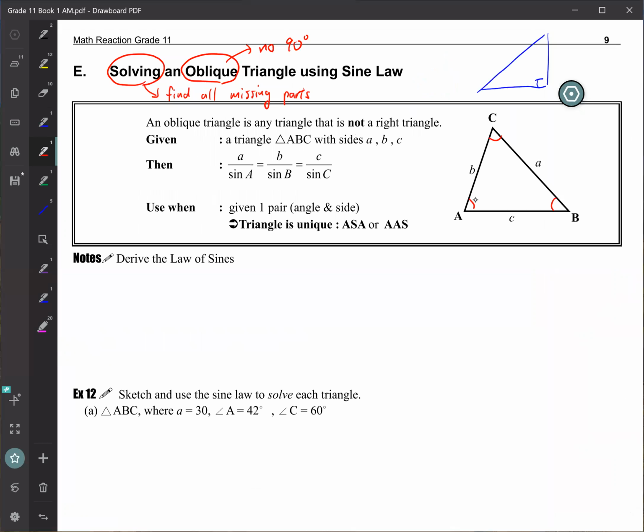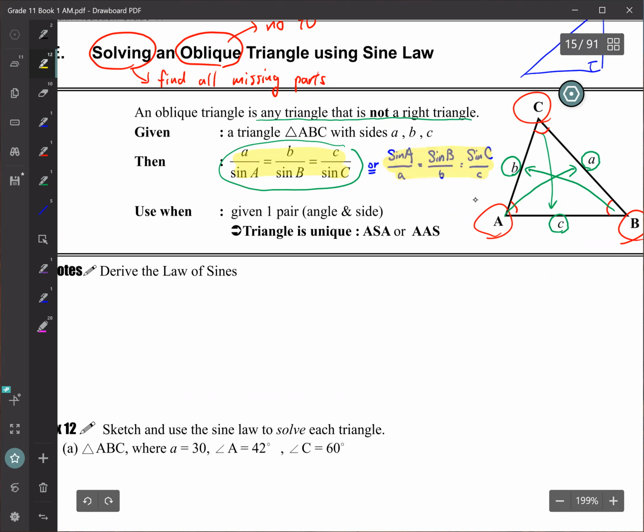You can flip it upside down, it still works. You can write this down. Sine A over a, sine B over b, sine C over c, okay? So both of them work. You can either use this one or some textbook will show you the other one, all right?